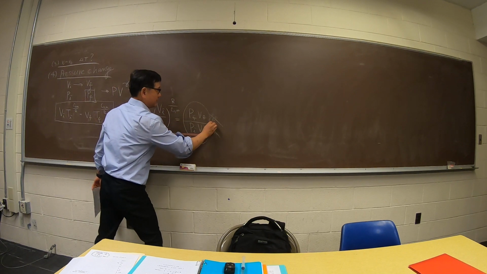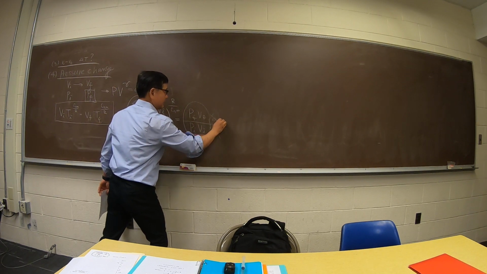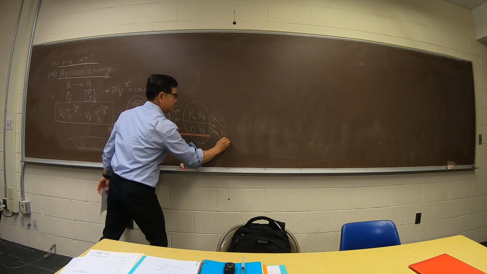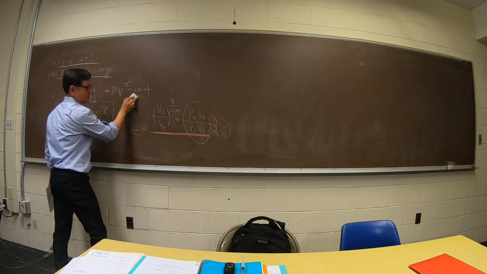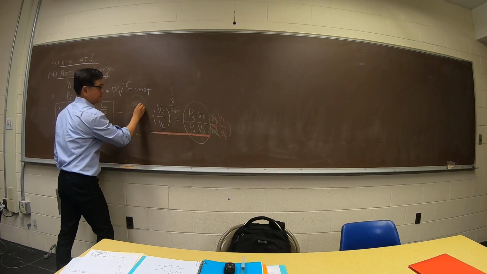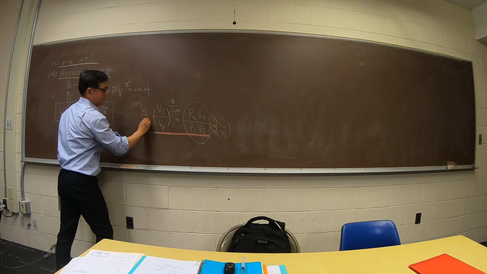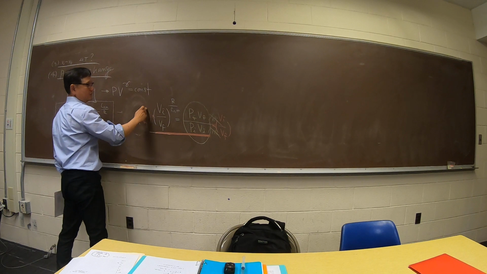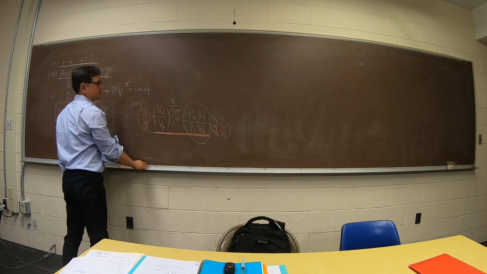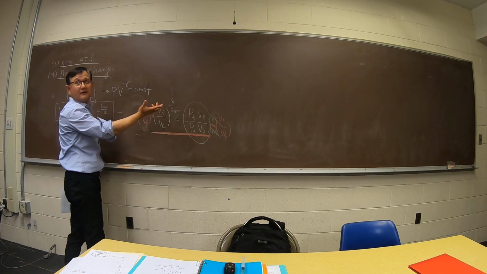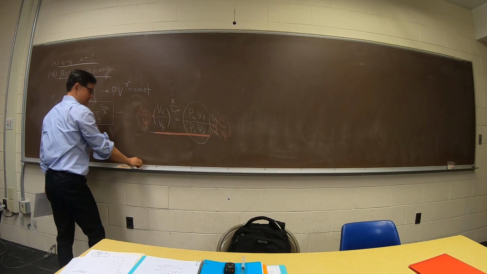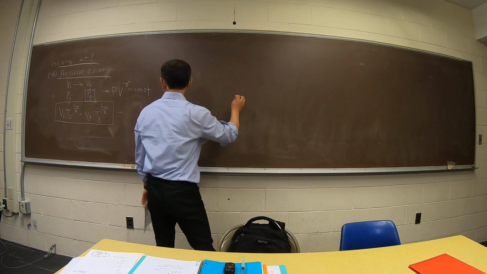If I multiply both sides by initial, final volume, you start to see this becomes this plus 1, and that's Cp divided by Cv.